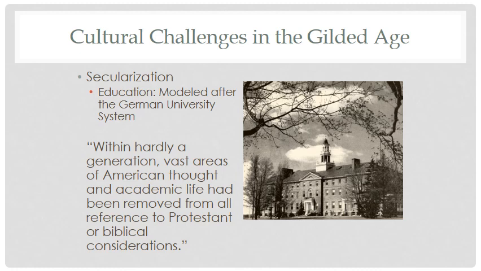And as Marsden points out in this quote here, he says, "Within hardly a generation, vast areas of American thought and academic life had been removed from all reference to Protestant or biblical considerations." Pastors were no longer presidents of universities. It was other folks, scholars and businessmen and people like that. And Christianity was no longer considered central to the task of educating people.